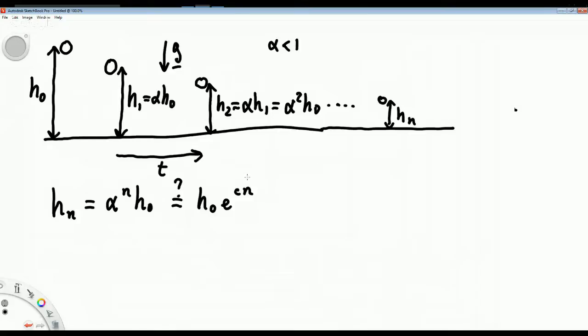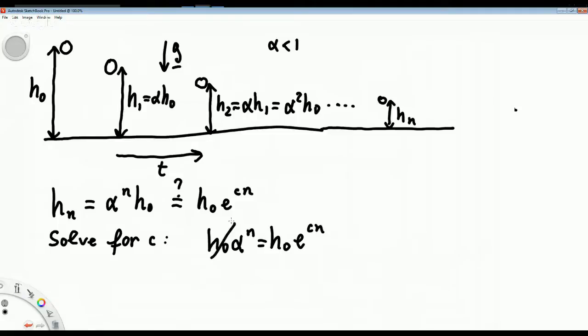Well, we want to solve this equation effectively for c and see if this can be done. So we want to solve h naught times alpha to the n equals h naught e to the cn. H naught is not 0, so we can cross it out very easily, and we end up with alpha to the n equals e to the cn.